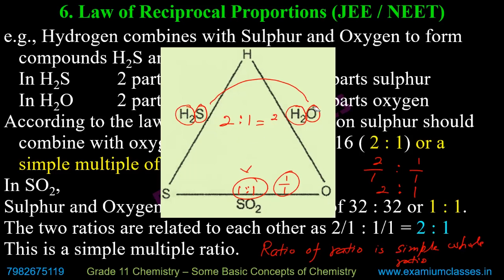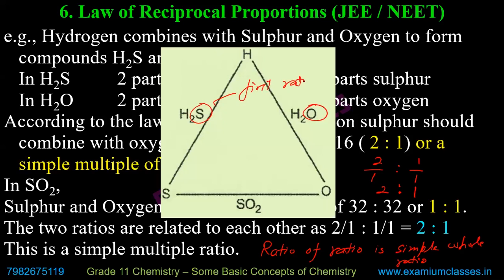I am comparing, first, the ratio of sulfur and oxygen here. So this is the first ratio. And I am comparing it with the ratio of sulfur and oxygen here when they combine themselves.